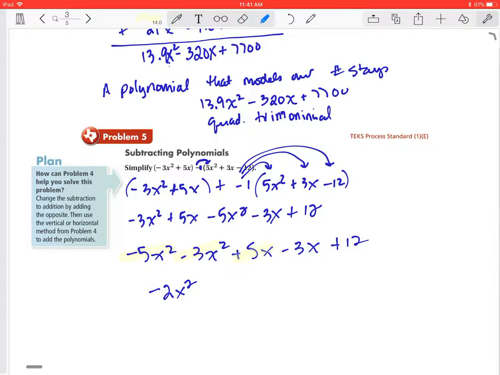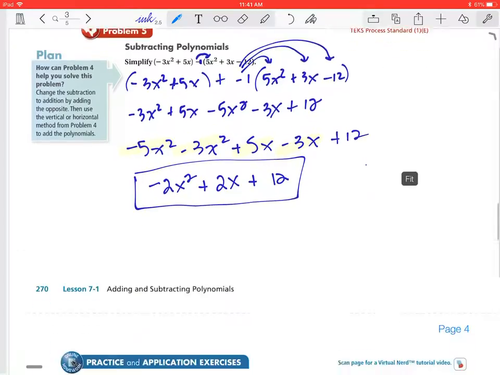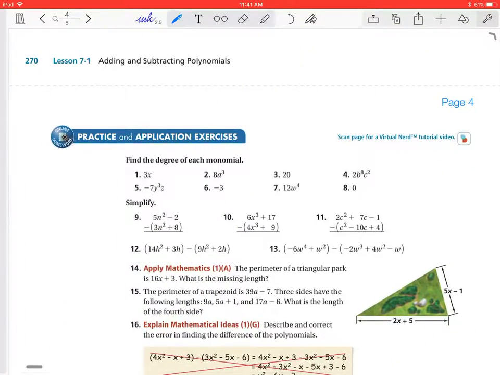Then I have plus 5x minus 3x, which gives me plus 2x. And then plus 12, because there are no other like terms. So my final quadratic trinomial is going to be negative 2x squared plus 2x plus 12. All right, that is our final answer for this one.